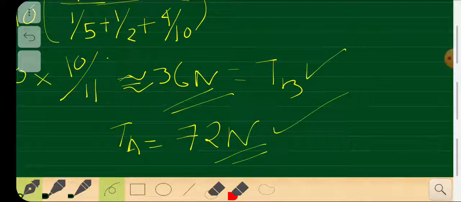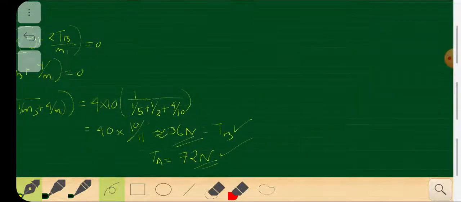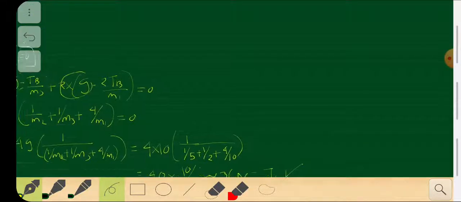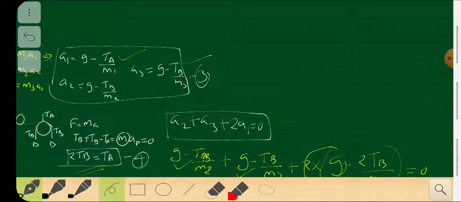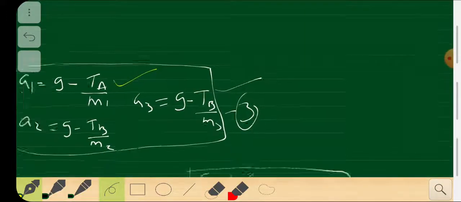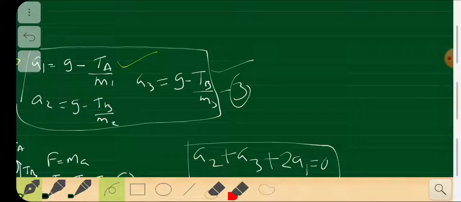Now that I know TB, which is 36 newtons, I can use it in this equation 3. So you get A1, A2 and A3, right? A1 must be equal to G, which I am assuming to be 10, minus 2 times TB, since TA is equal to 2 times TB.